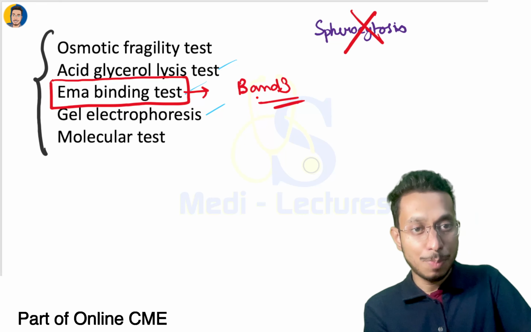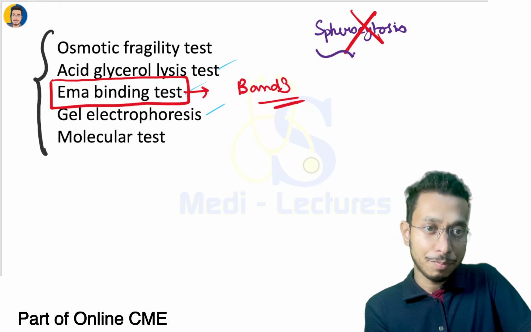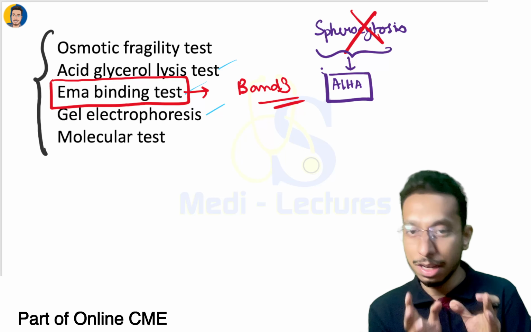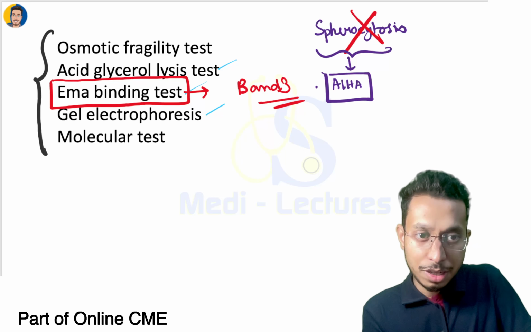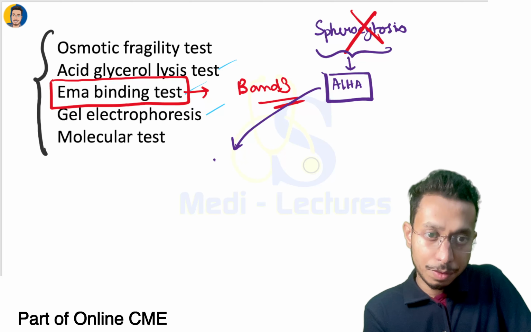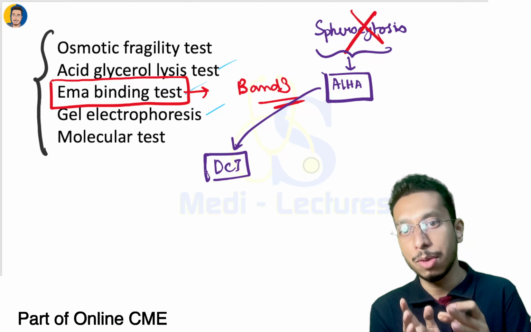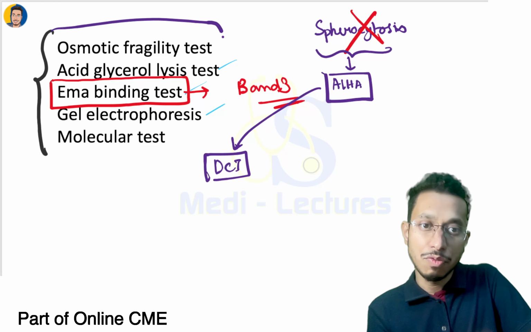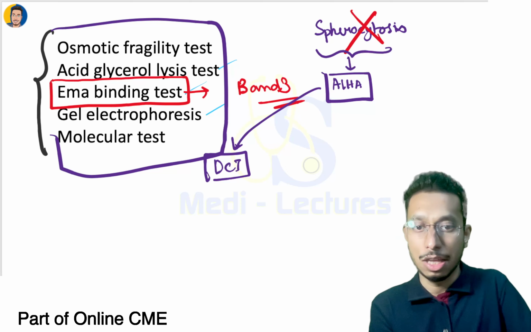Remember this thing. Spherocytosis can be seen in autoimmune hemolytic anemia. Therefore, whenever you get spherocytes in a peripheral smear, the patient should be tested with a direct Coombs test, and autoimmune hemolytic anemia should be ruled out first before going for other tests for hereditary spherocytosis.